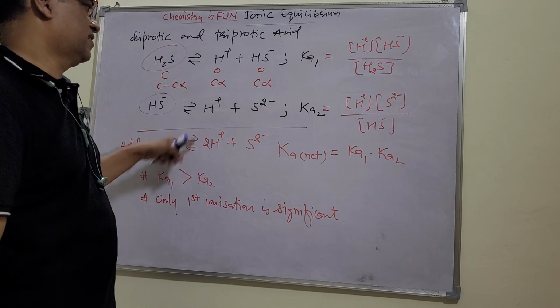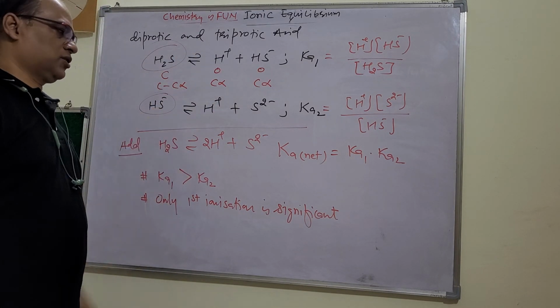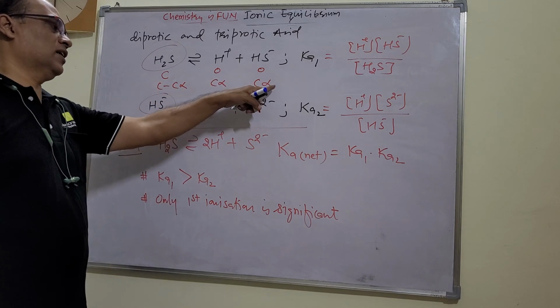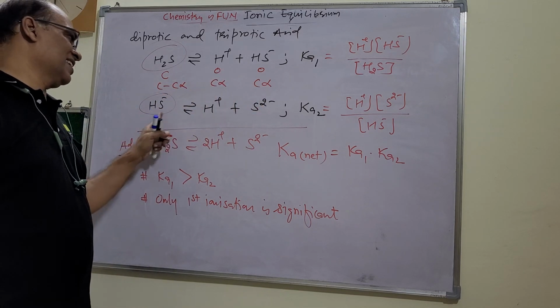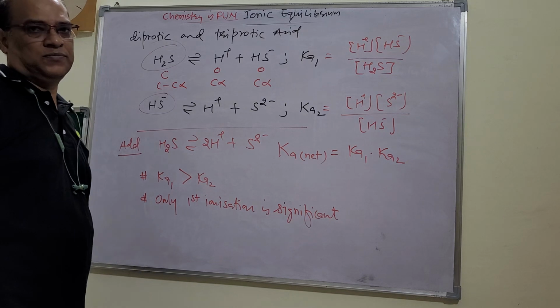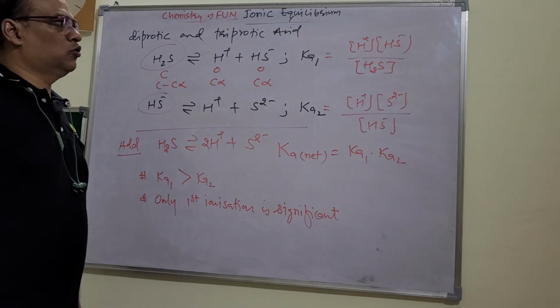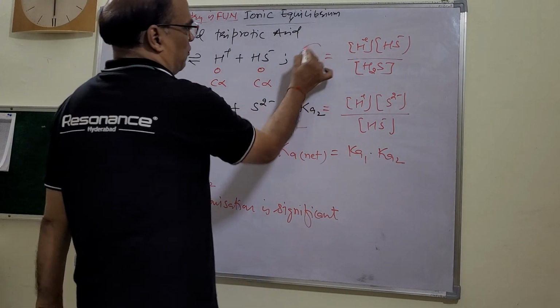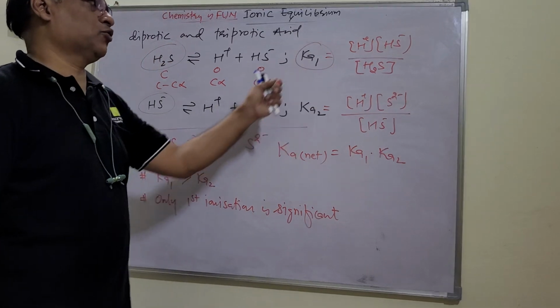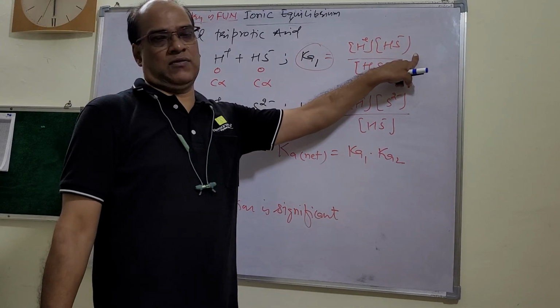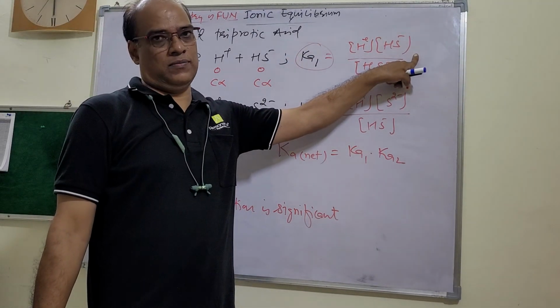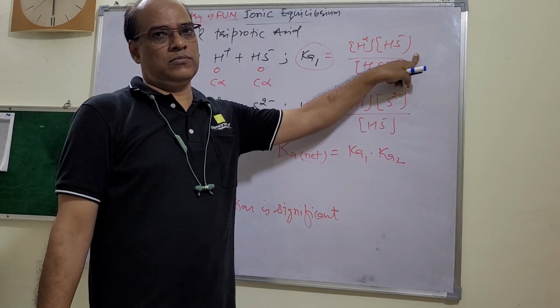That's why I didn't write the second expression. Got it? First expression is okay, but if you want to write the second expression in terms of concentration, then there is a problem. You have to decide with the help of K1 itself whether I should go for quadratic equation for K1 or not. Are you getting me or not?